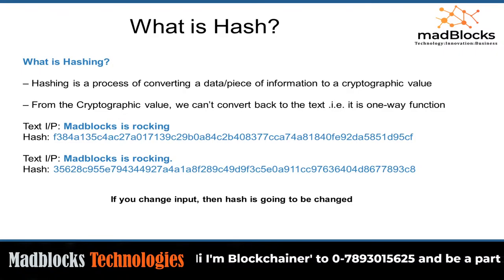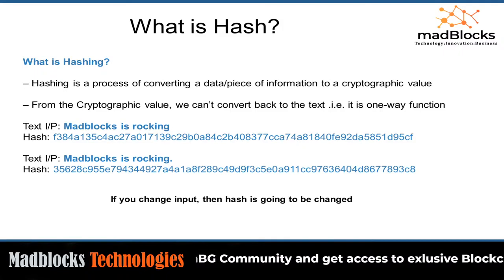In the second case, the text input is madBlocks is rocking, but there is a full stop at the end, while in the first text input there is no full stop. What it means is that I have tampered the data. I have changed the data. Say I gave 5 bitcoins to my friend, but instead of 5 bitcoins, he made the transaction like 3 bitcoins. He said only 3 bitcoins were transferred from your account.